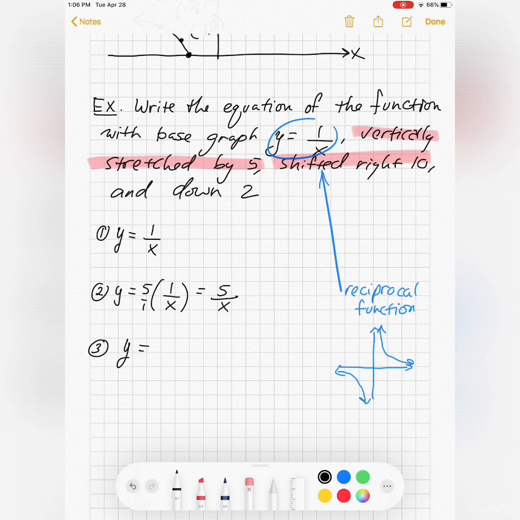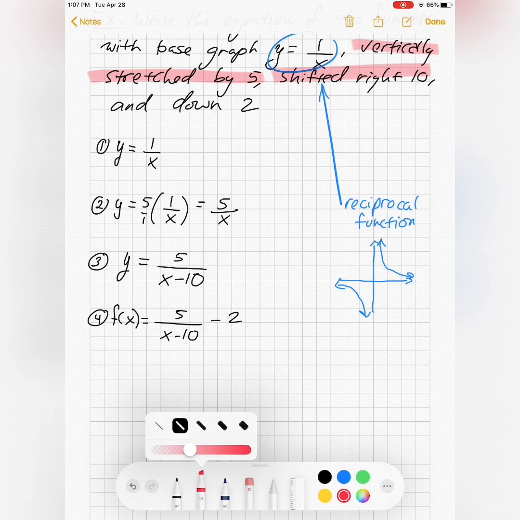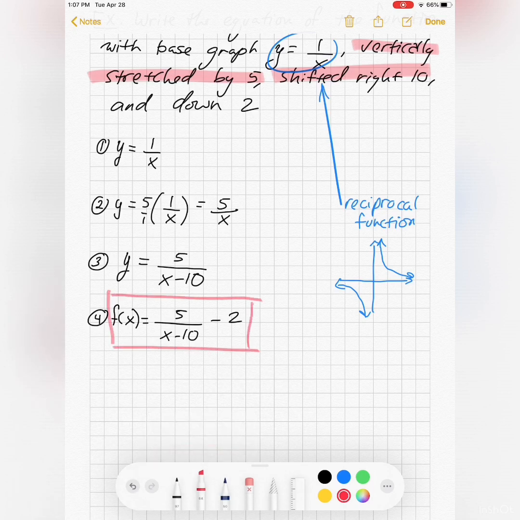So that 10 needs to go with the x, right? So it would look like this. That would give me that shift right 10. And then down 2. So that means I take the whole function, shift down 2. Okay, then maybe should I write in my last step, should I use some functional notation? So there's my function. Pretty easy.